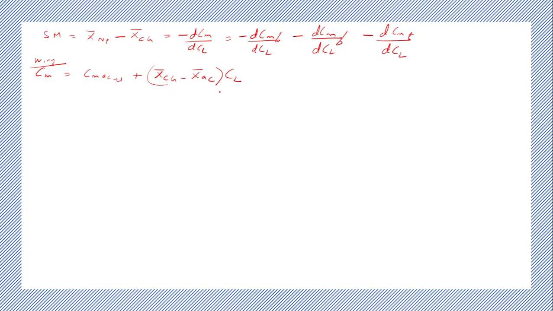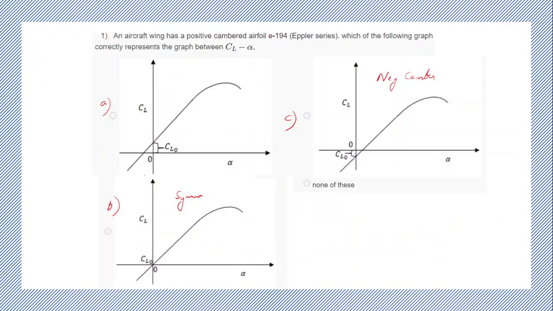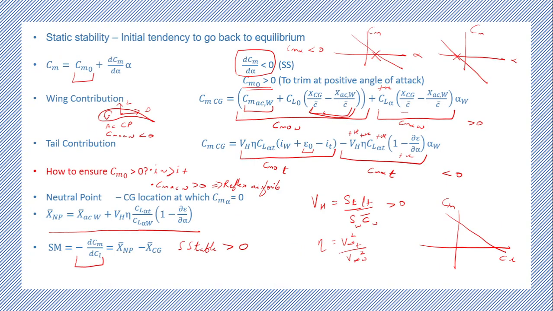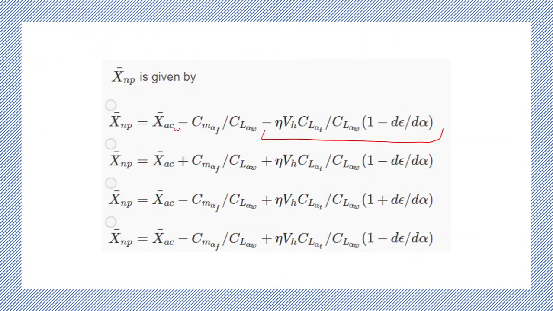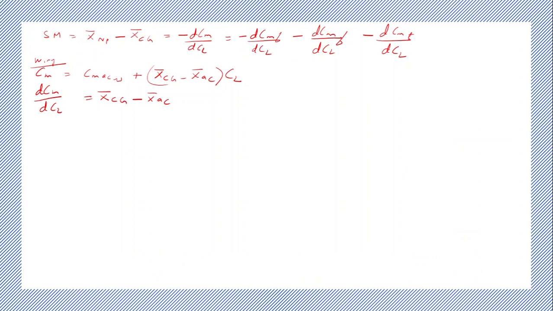This is correct? Yes. Okay, so if I were to do dCm by dCl, I would get only x bar cg minus x bar ac. Was it ac minus cg or cg minus ac? Okay, correct?